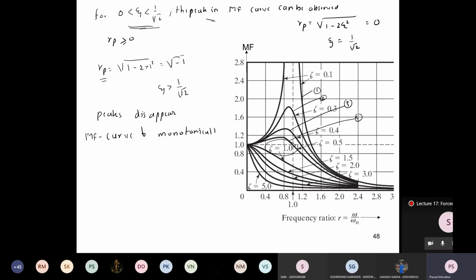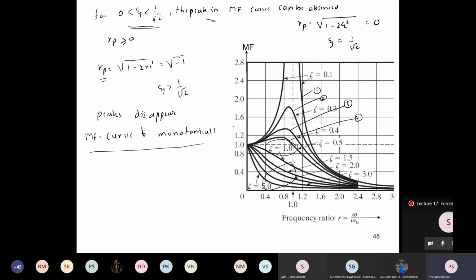All right. So as you can see, all these curves over here in the lower portion decrease monotonically. There is no peak observed for such curves. Now one more thing. This is one important key feature of these curves.